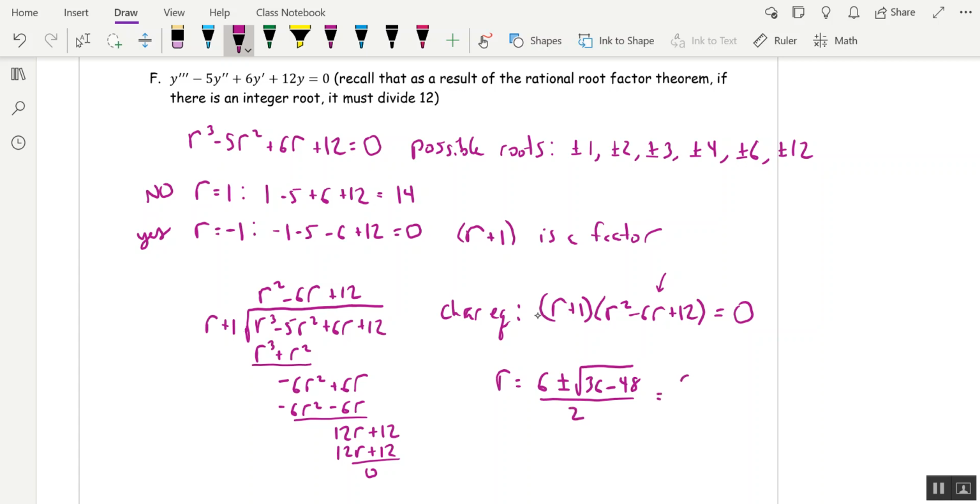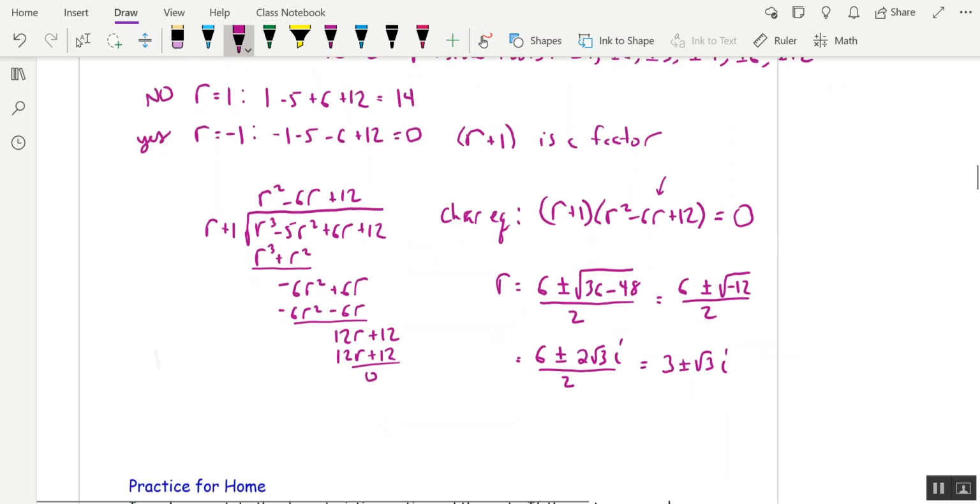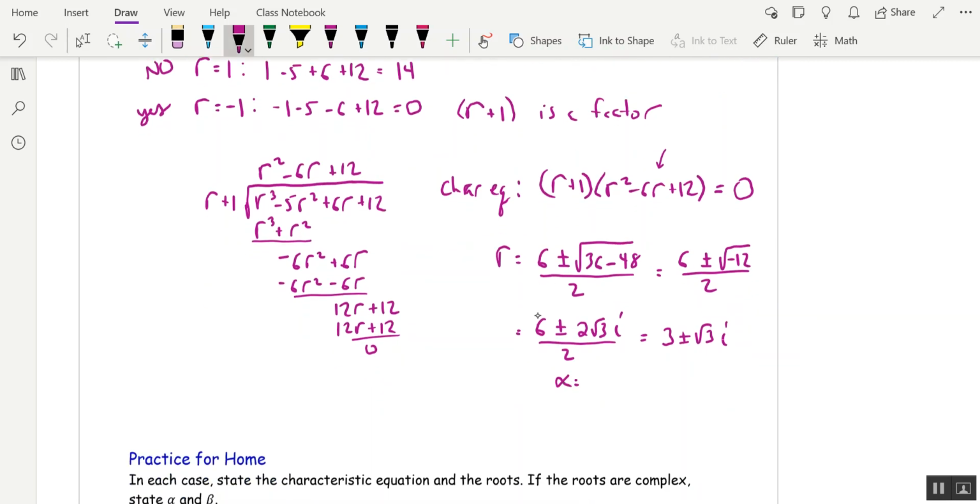So that's 6 plus or minus the square root of negative 12 over 2, which is 6 plus or minus 2 root 3i over 2. Now we distribute this 2, and I get 3 plus or minus root 3i. So my alpha is 3, and my beta is root 3.